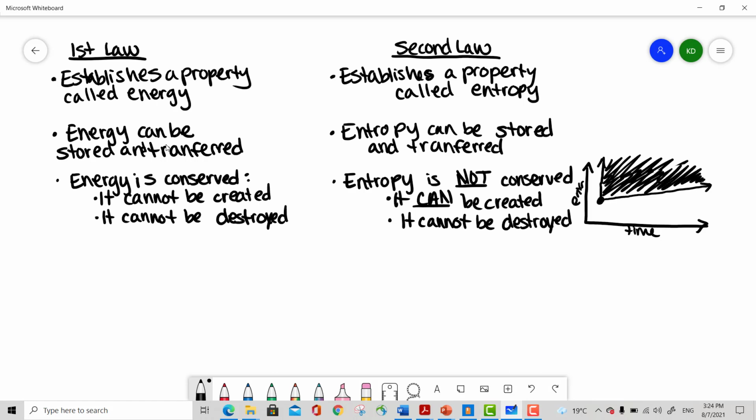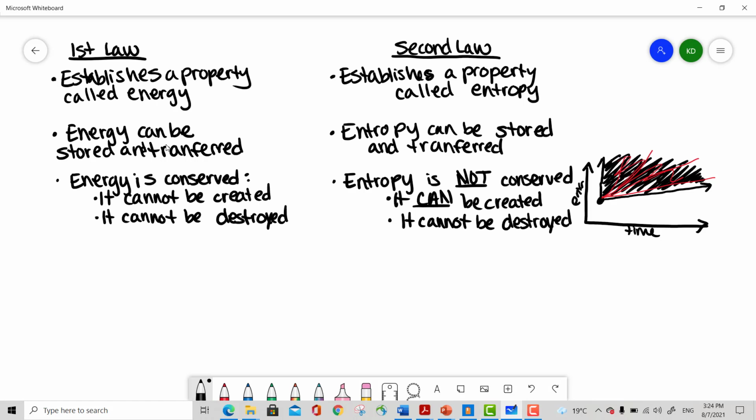Entropy is never conserved, so it's not going to stay the same. It can be created, which means it can go up because we can create entropy, and it cannot be destroyed, so it can't go down. So it's only ever going to look like this, or look like this, or look like that, or somewhere in between here. Okay.